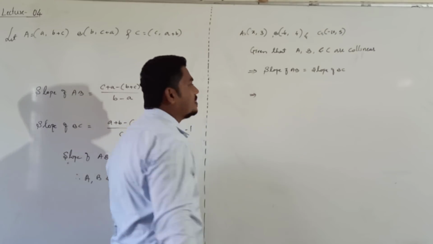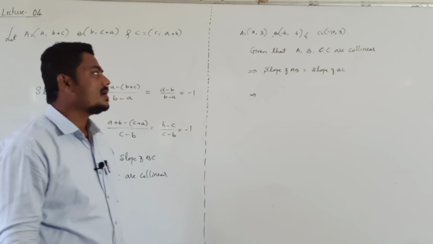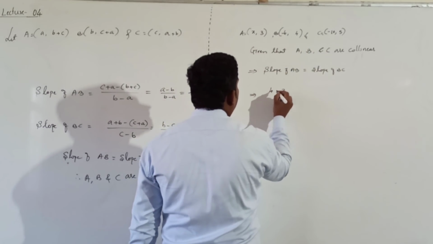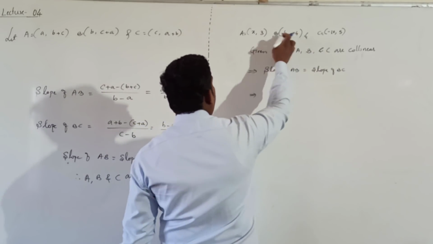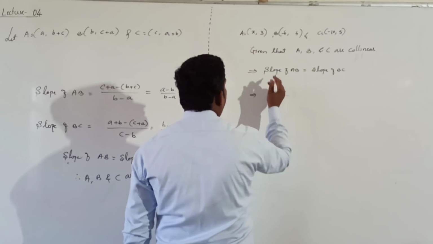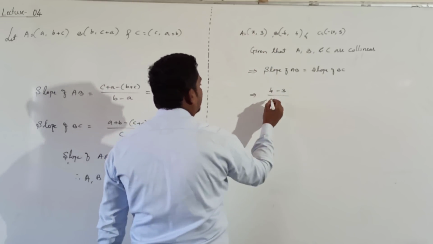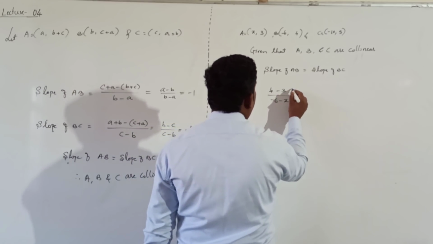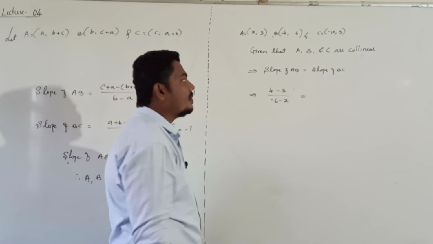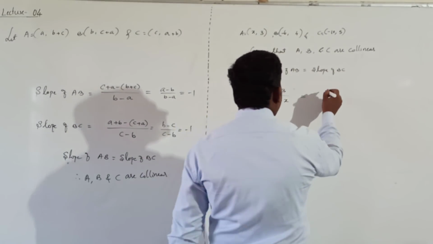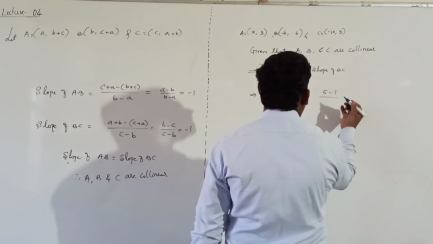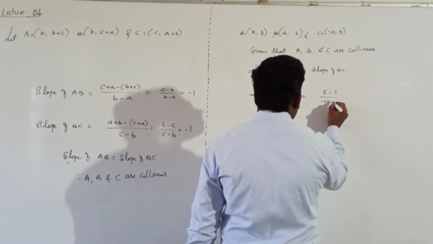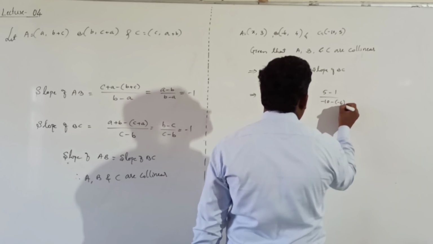What is slope of AB? y2 minus y1, that is 4 minus 3, divided by minus 6 minus x, that's equal to slope of BC, that is 5 minus 1 divided by minus 10 minus of minus 6, right?